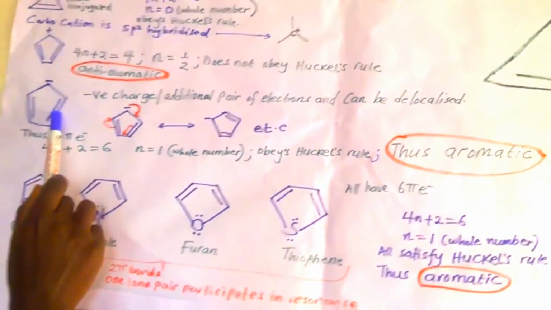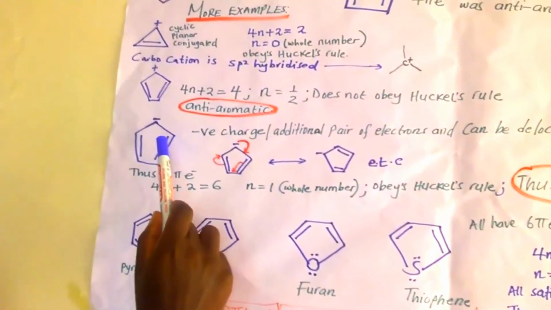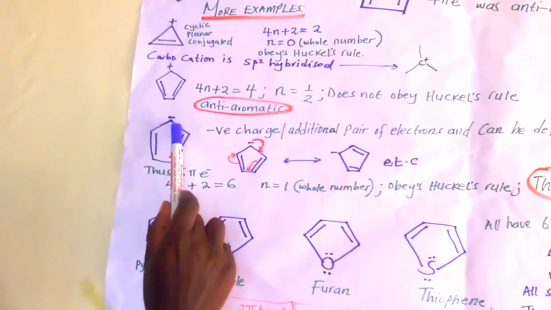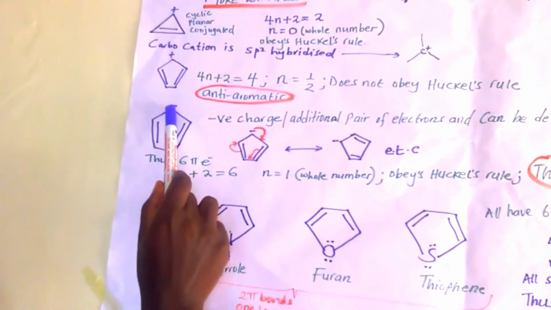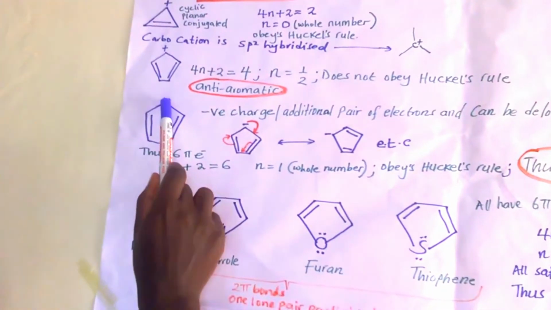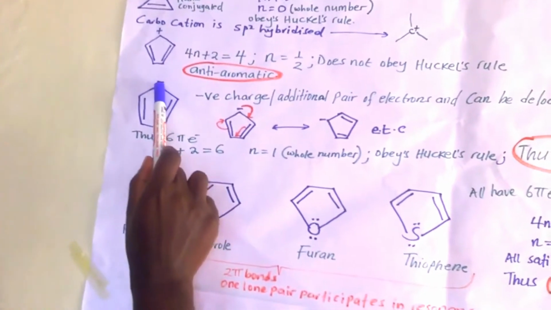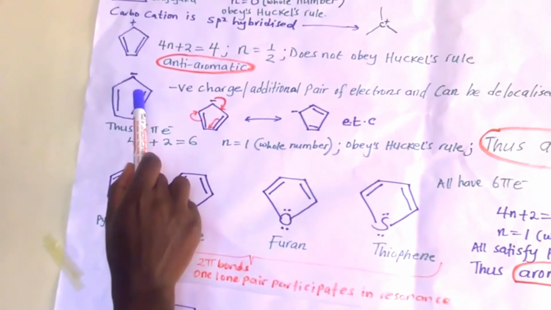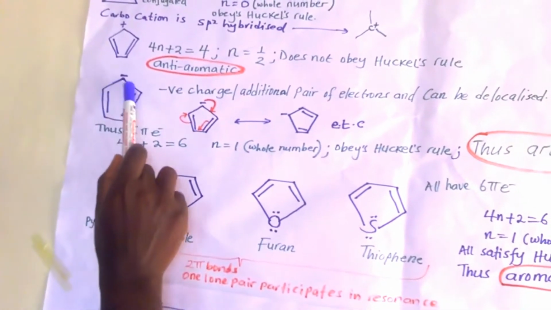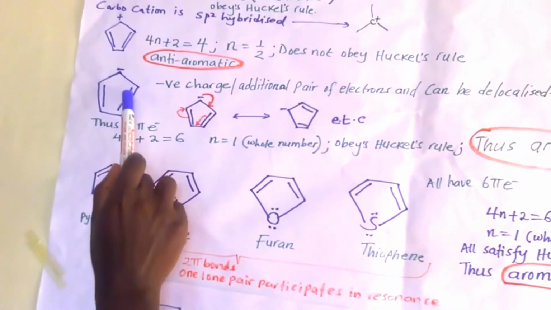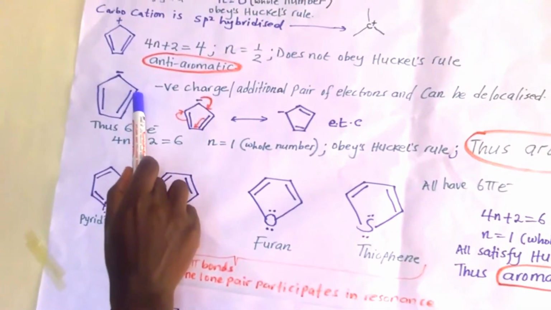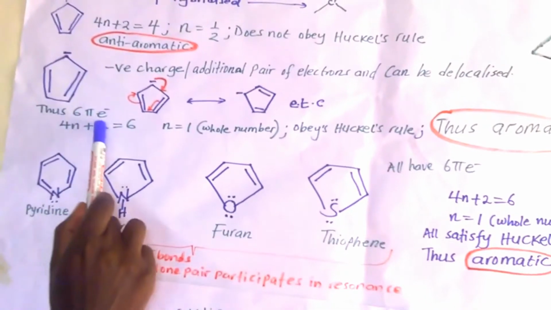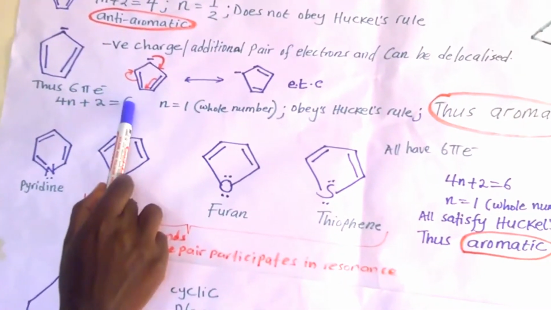Then how about this one here? Instead of having a carbocation, it has a carbanion. This one has a negative charge on this carbon atom, this position here. Looking at this compound, it is still cyclic, planar, and conjugated. We can get 5 other resonance structures from this. So for this compound, 4n plus 2 is equal to 6 electrons.